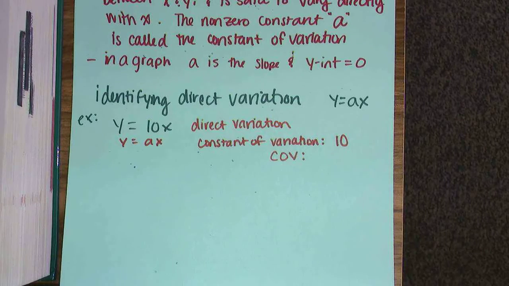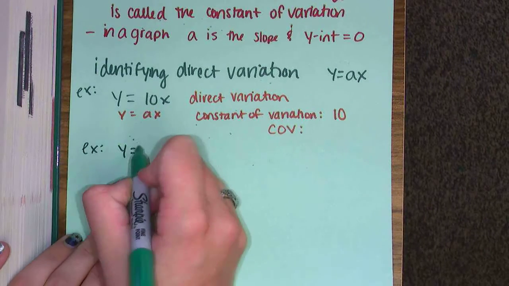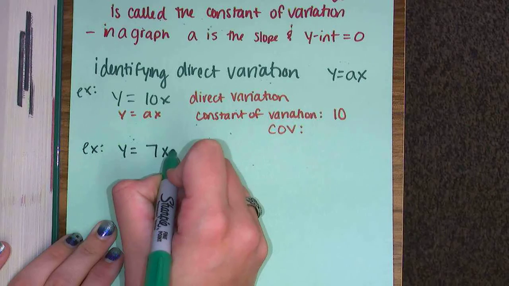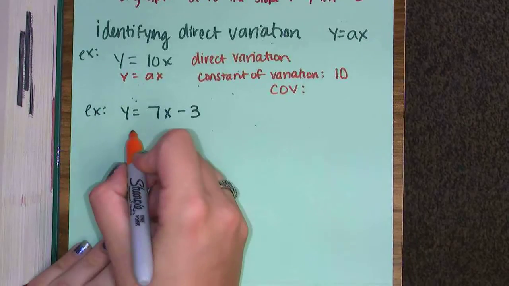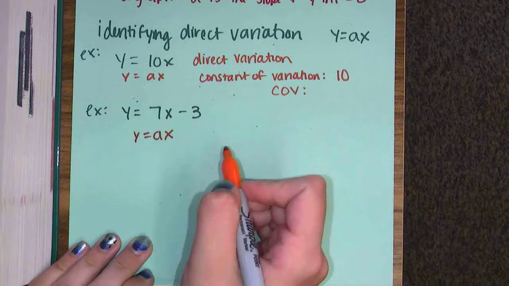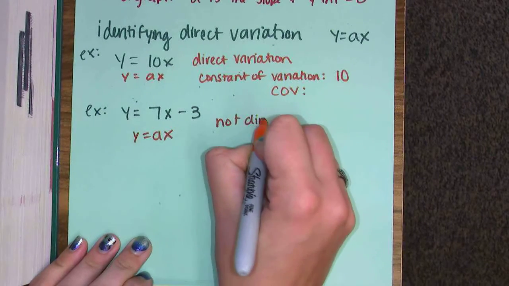Something like y is equal to 7x minus 3. Is this direct variation? Well, does it have the form only y is equal to ax? It does not, so it is not direct variation.